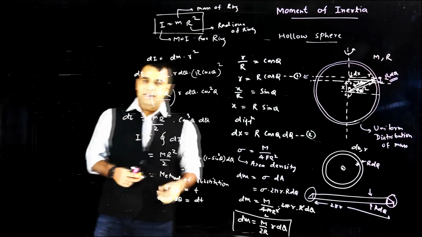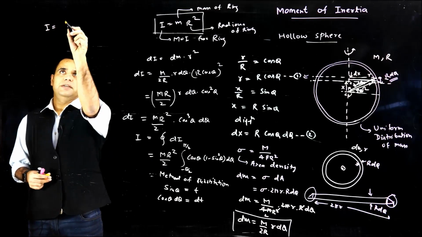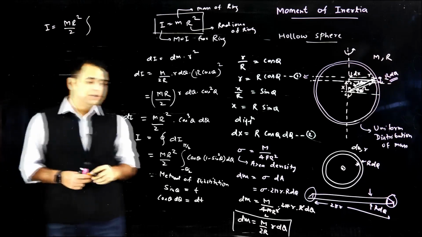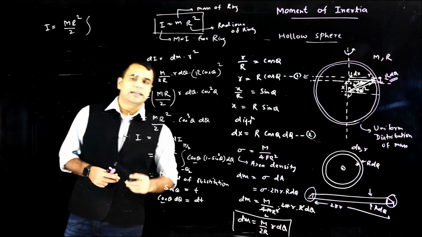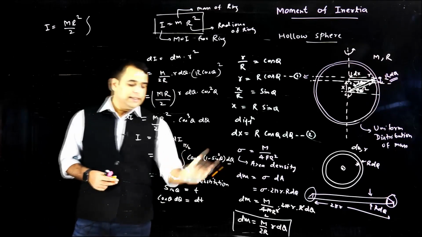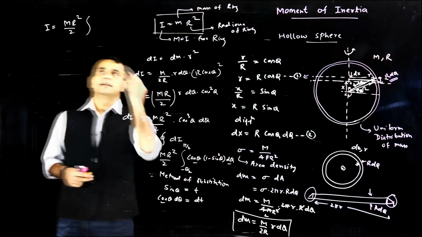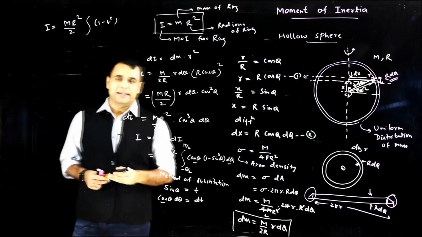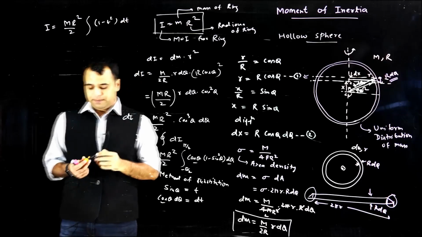So if I substitute the variable, the new value for moment of inertia will be equal to mR square by 2 integration of, you see, this cos theta d theta. This cos theta d theta I can write as dt. And this sin theta I can write as t. So 1 minus t square in place of 1 minus sin square theta. And cos theta d theta I will be writing as dt.